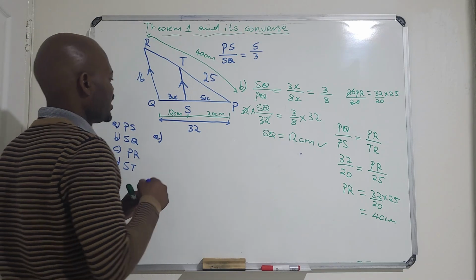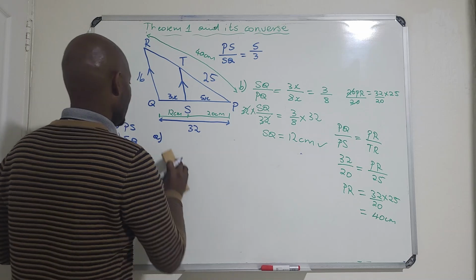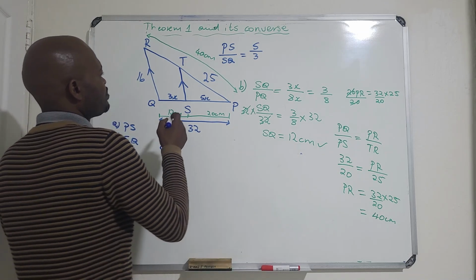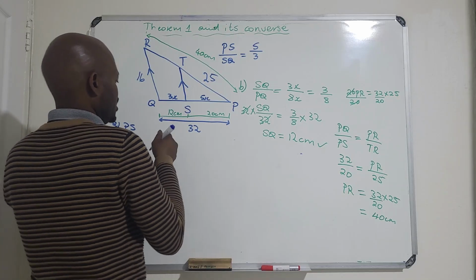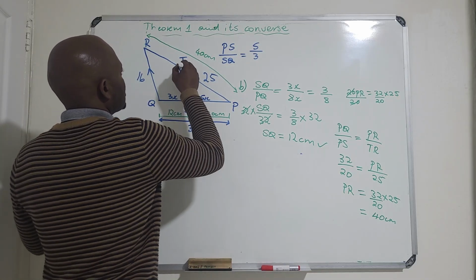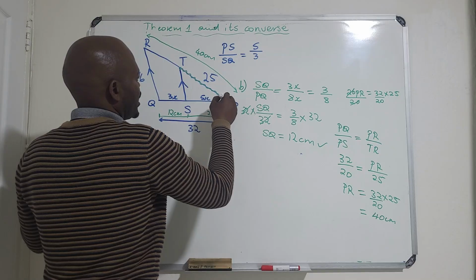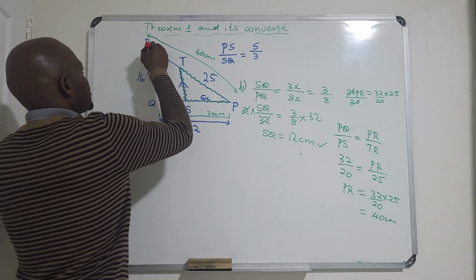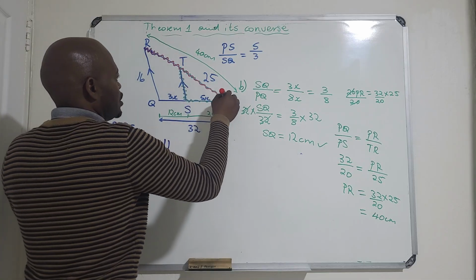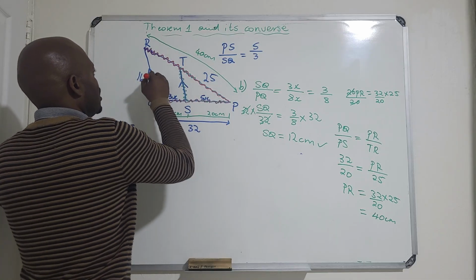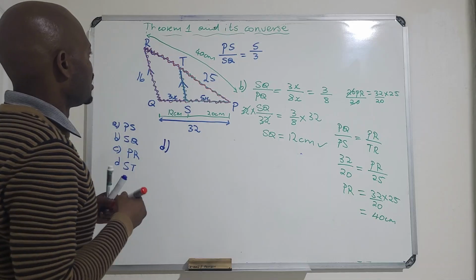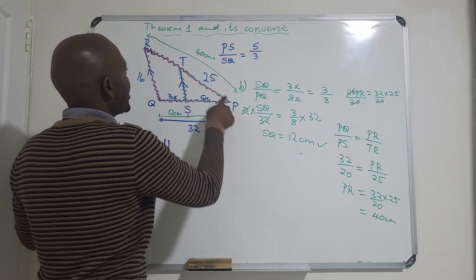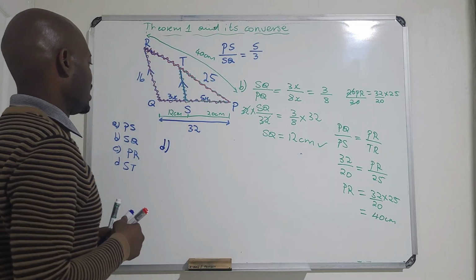Therefore, it means that we can first prove that this triangle and this triangle are similar. Triangle in green and a triangle in red are similar.